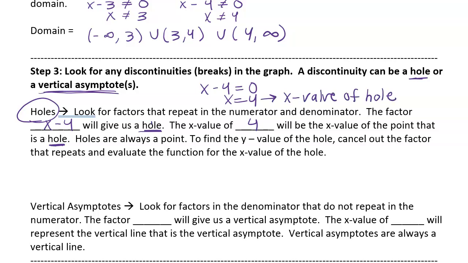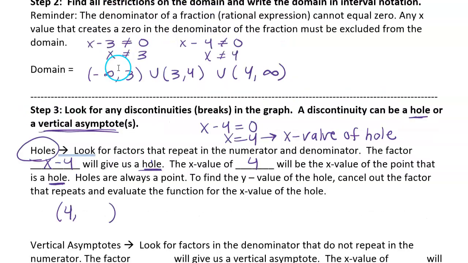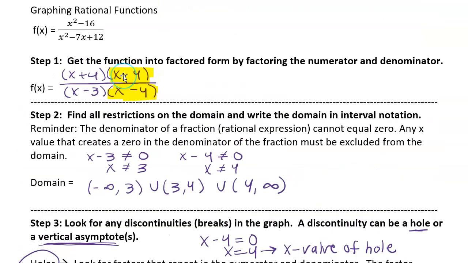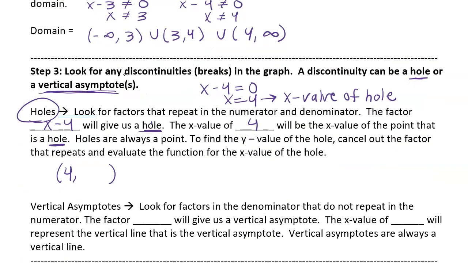All right, now we always want to write our hole as a point, an x, y point. So at this point we know that the x value of the point is 4, but we still need to find the y value. So if we go back up and we look at the function f of x, I'm actually just going to copy that over down here.